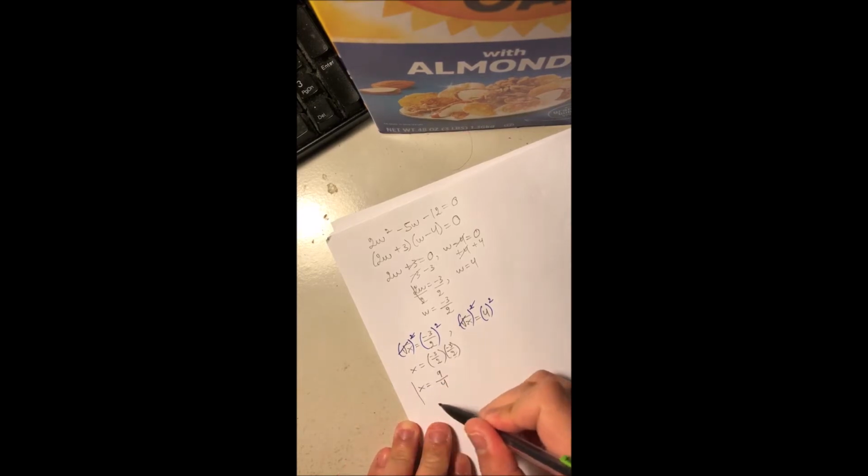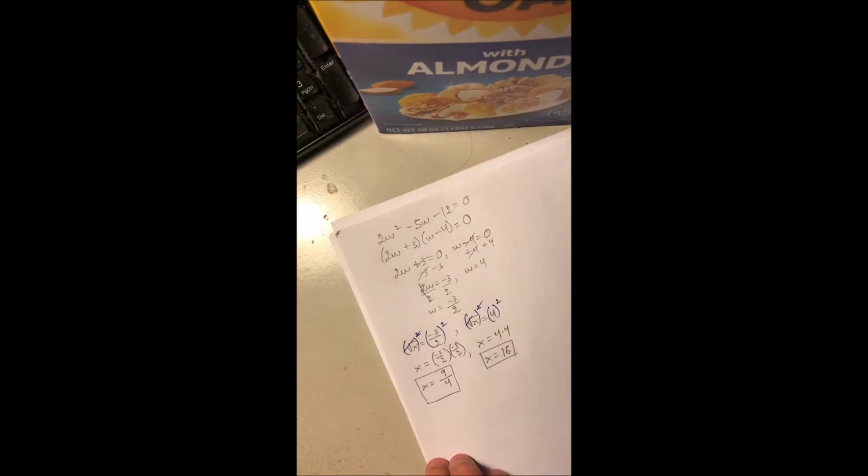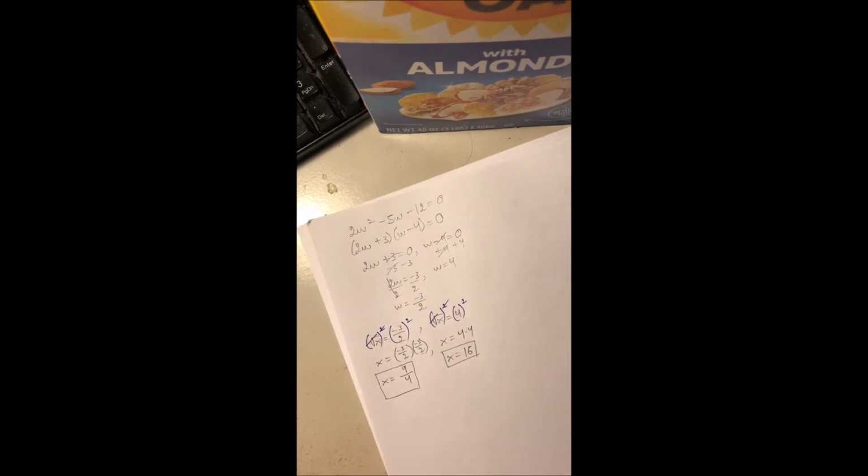So you got x equals 9 over 4. Same thing on the right-hand side. You have x equals 4 to the second, so that's 4 times 4, which is equal to 16. Now, the first half of the problem is done.